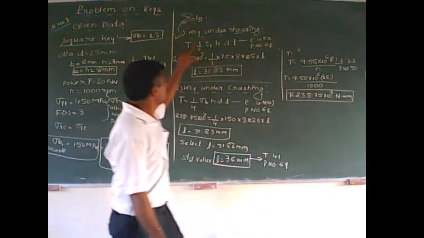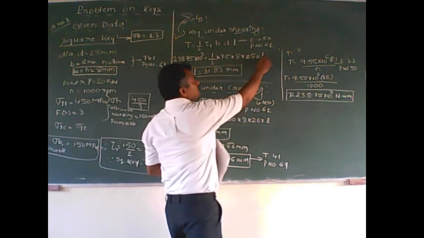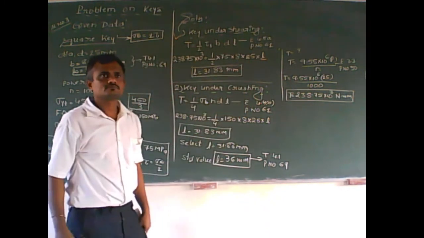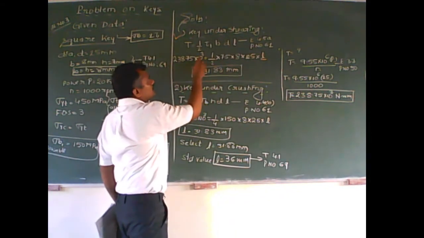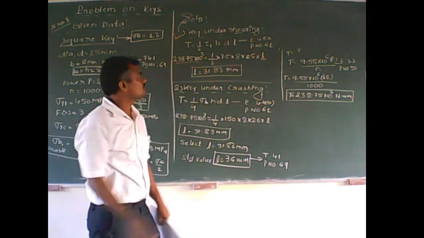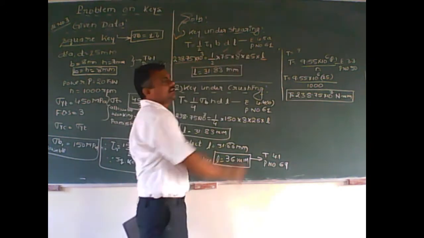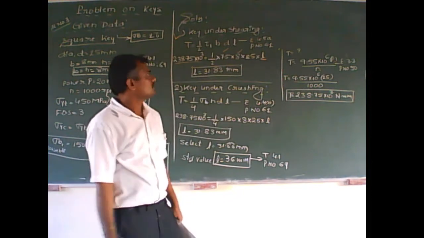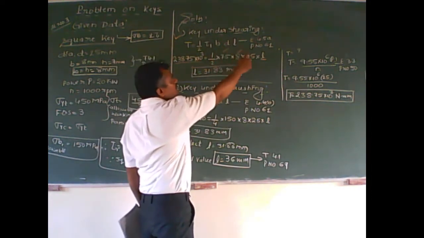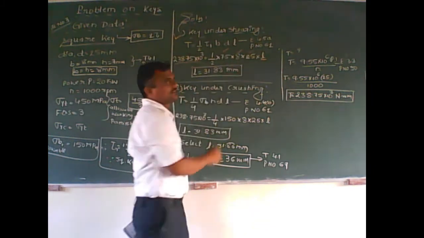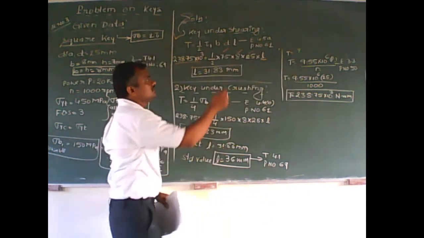So this value you can substitute in this, and ultimately we have to calculate this L value. As you know, during the substitution you can take this value as T, 75 as tau 1, 8 as B, dia is 25. How to calculate L with the help of a calculator?